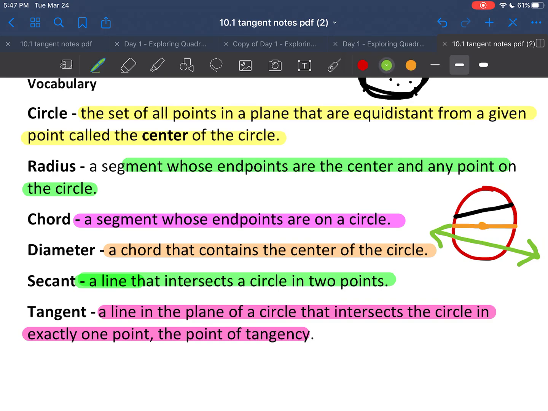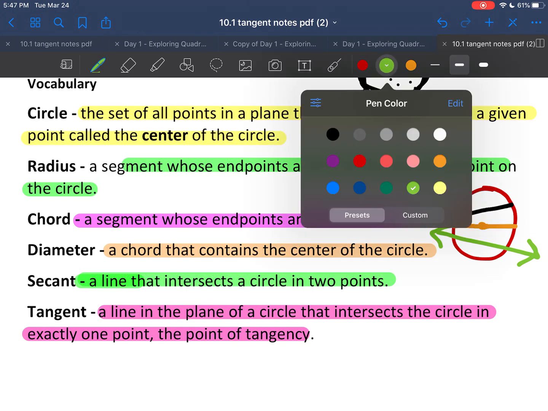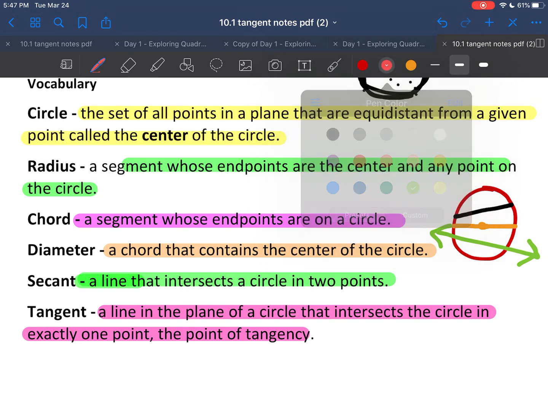Let me try to draw this while you're writing that definition down. If I were to draw a line on the outside of the circle that only touches the circle right there, it might look something like this. So a tangent is a line, first of all.